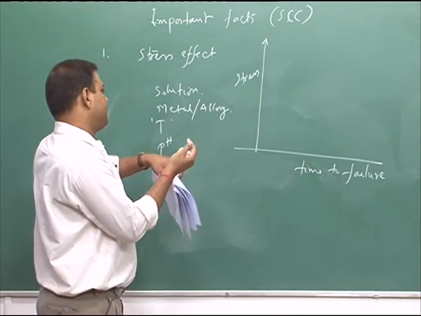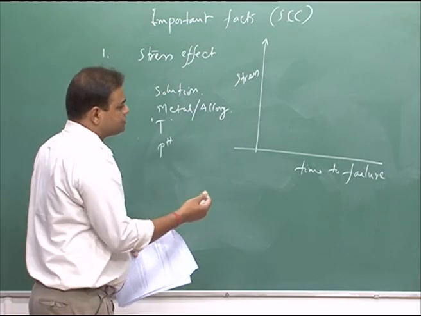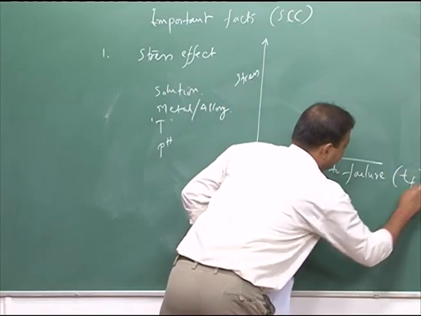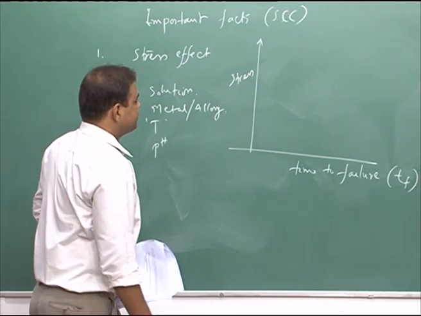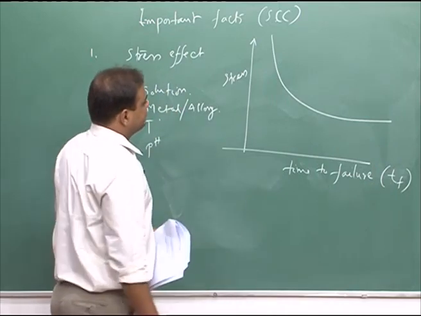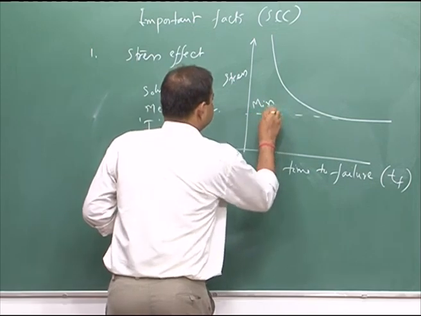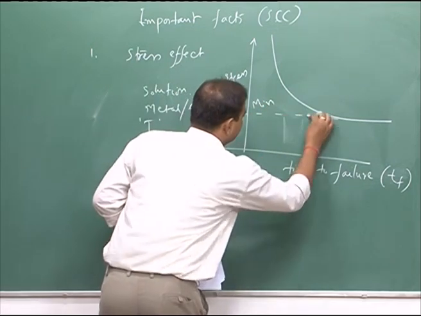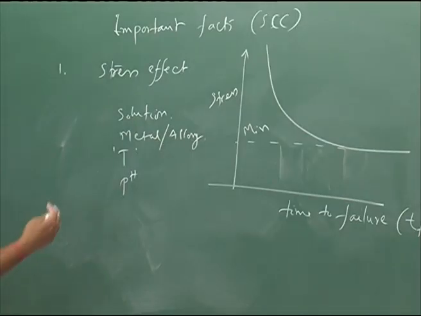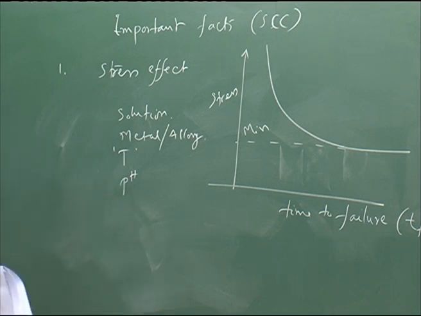Let us say we have put a stress on a particular component and it is exposed to a particular solution, and the total time to failure we always term T_f, that we try to measure, and the graph becomes like this. So, this is the minimum stress level below which you do not experience any SCC for that particular metal or alloy in that particular solution at a particular temperature and pH. So, this is the stress effect.